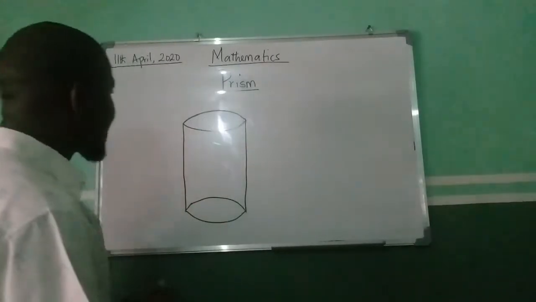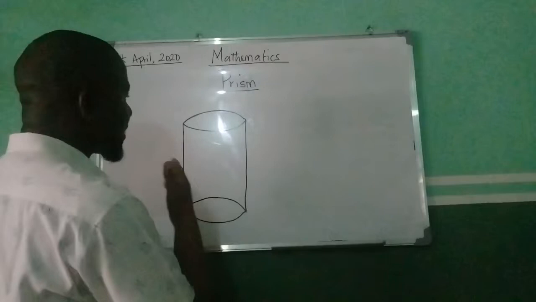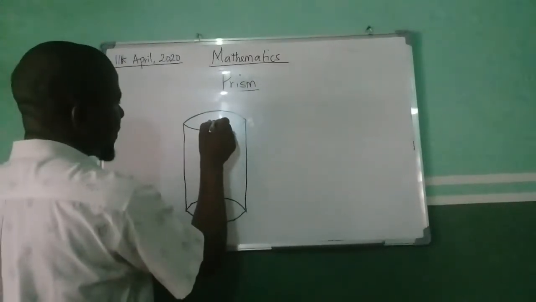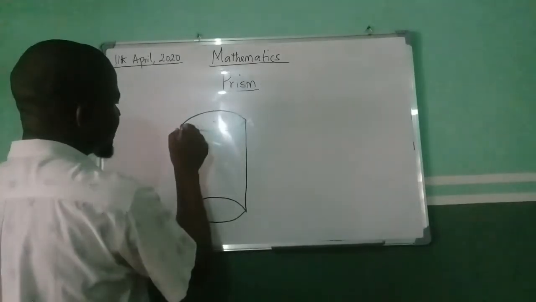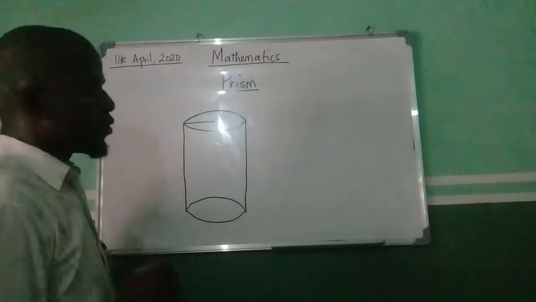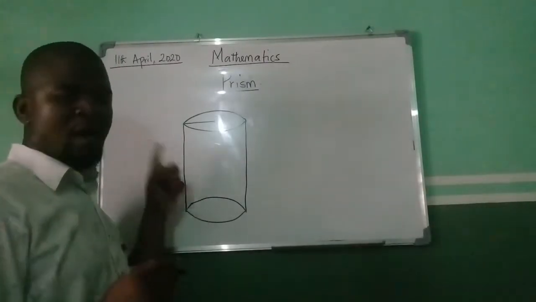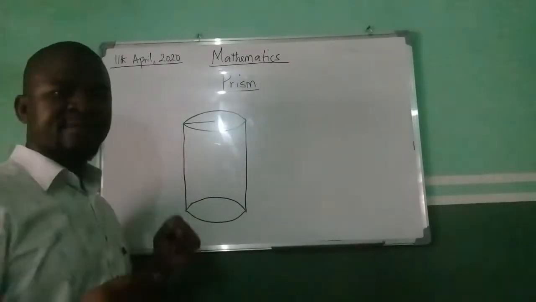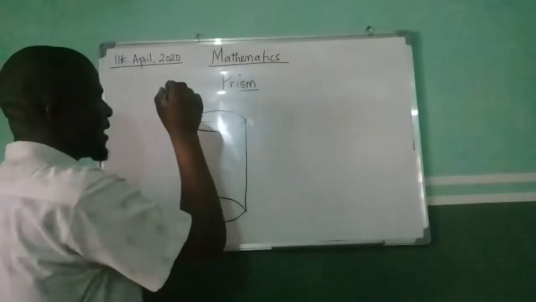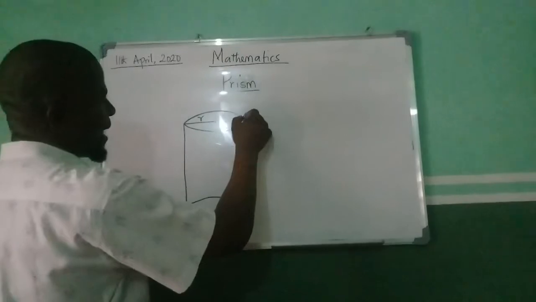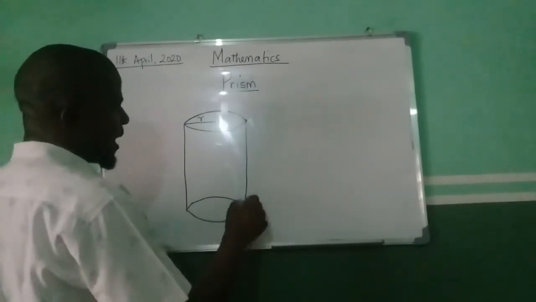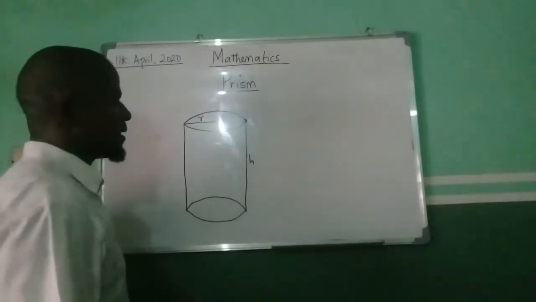Now, if that is the case, there are dimensions that are used to describe a cylinder. The distance from the midpoint to the circumference of either of the ends is what is referred to as the radius. While the entire length from the top to the bottom here is what is called the height.